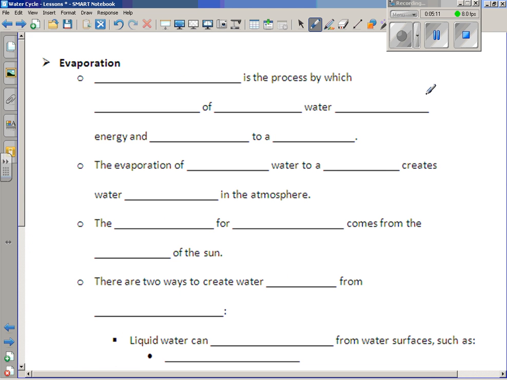Now, the first step of the water cycle that we're going to talk about a little bit more is evaporation.